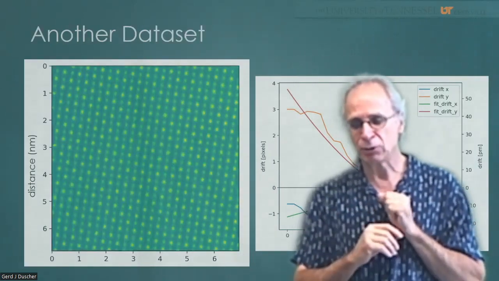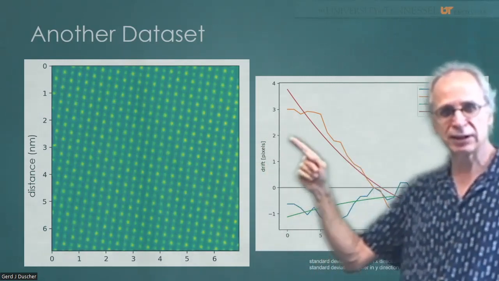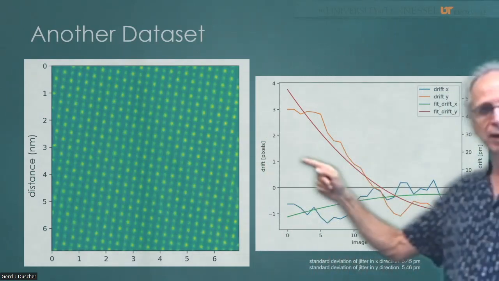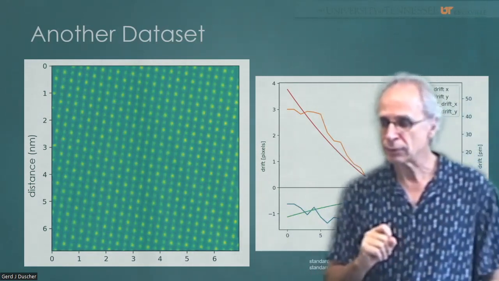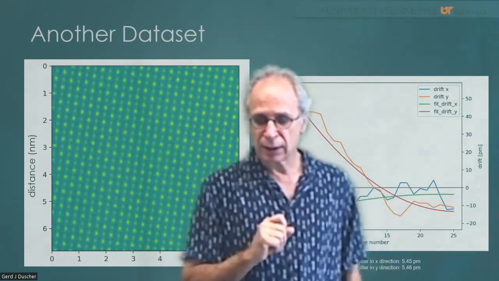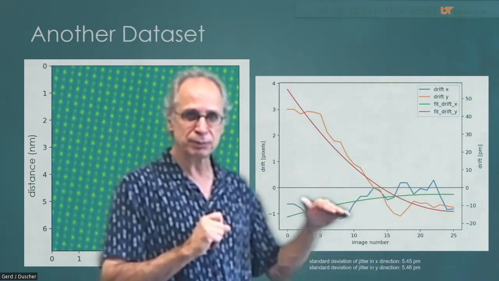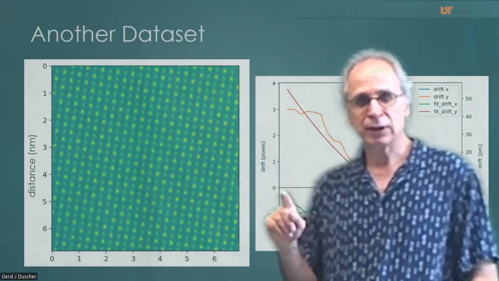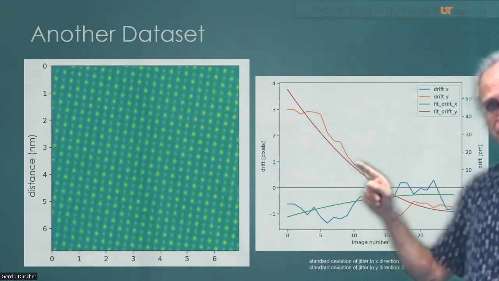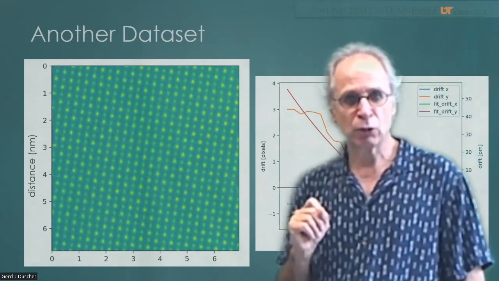But here now we use a different data set. This data set, as you can see, has a different drift. In the X direction, we have almost no drift. In the Y direction, we have a little bit more drift.